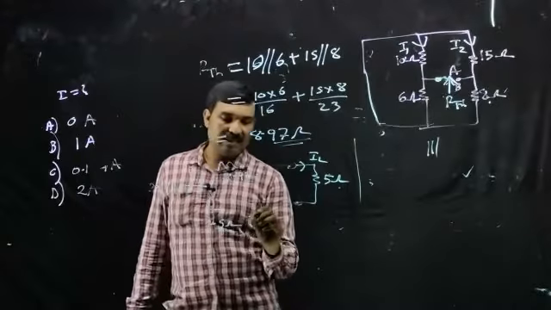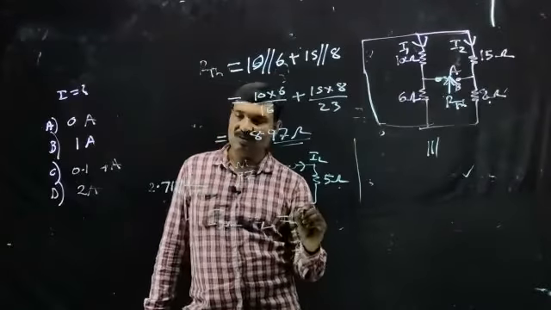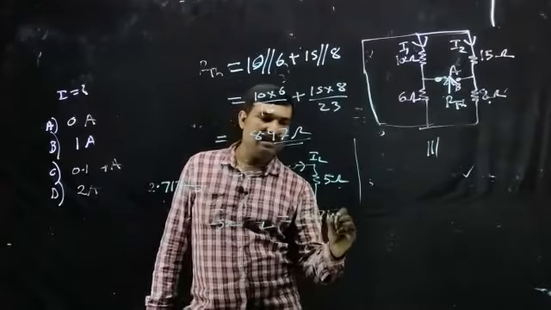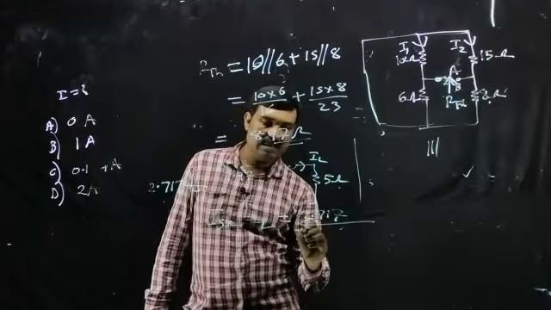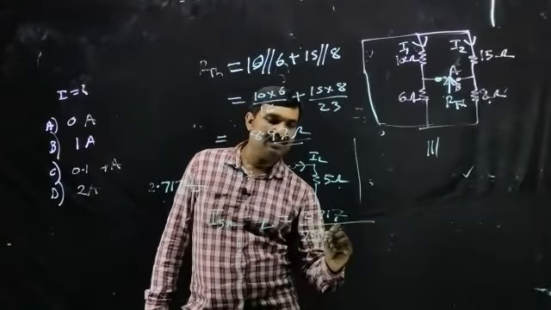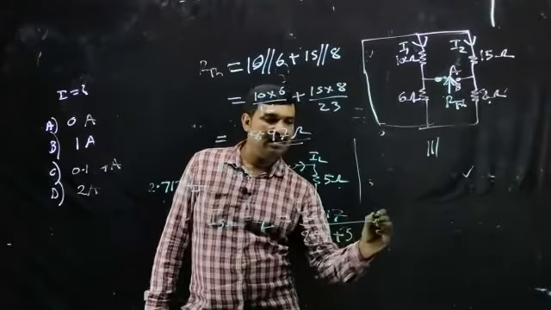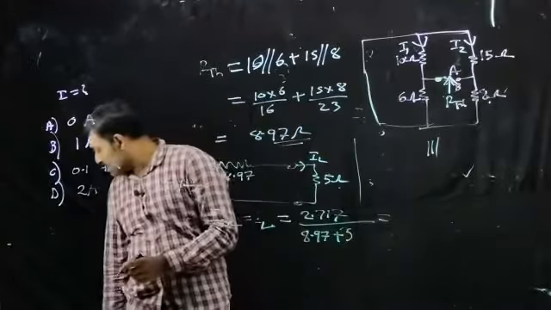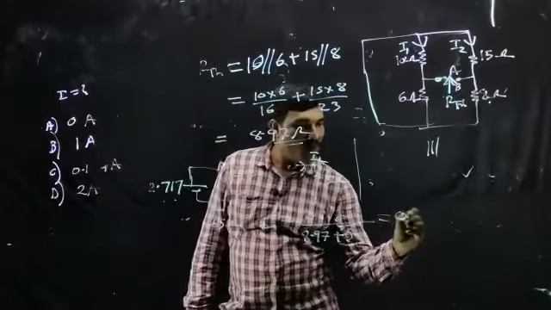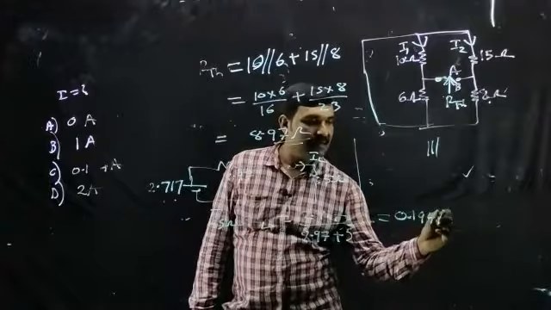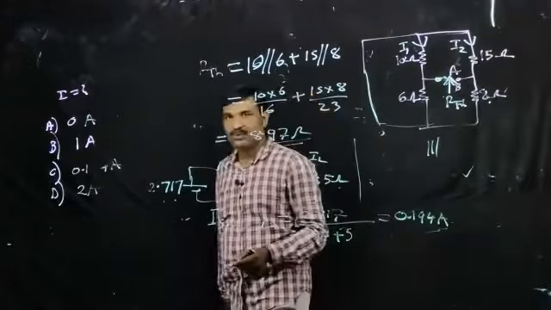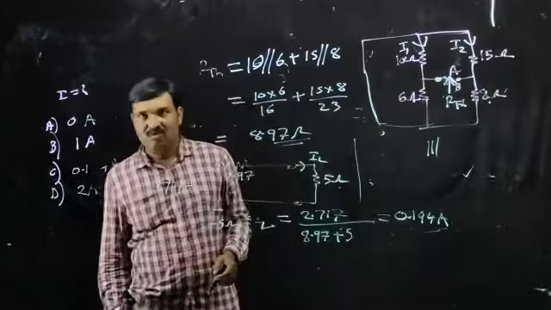IL is equal to 2.717 divided by 8.97 plus 5. This is equal to 0.194 ampere. So this is the current flowing through that branch of the resistance bridge.